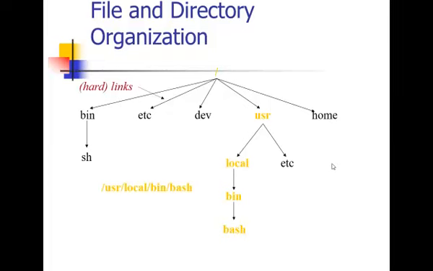So this is easier to maintain, right? We can manage the necessary directories and files in a single tree structure. We will discuss these different directories and their purpose later on when we do the practical, right?